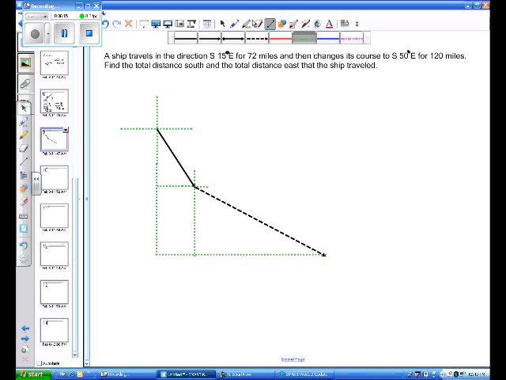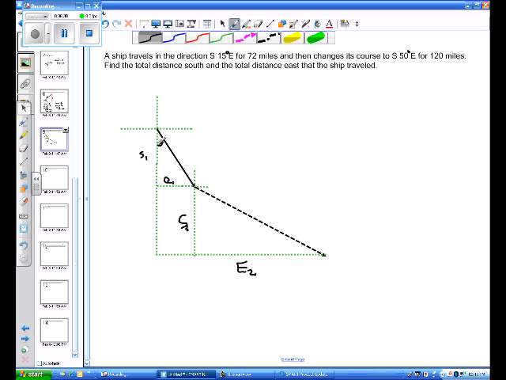Let's call this, just so that we don't get them confused, we'll call this one S1 and East 1. And then we'll call this S2 and East sub 2. Because we're just going to have two separate problems.